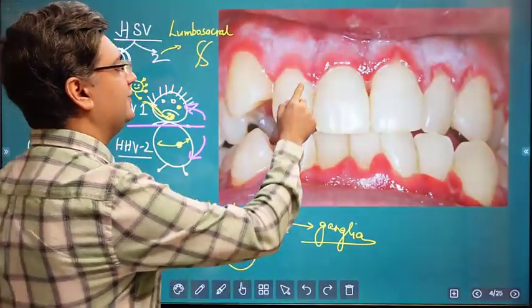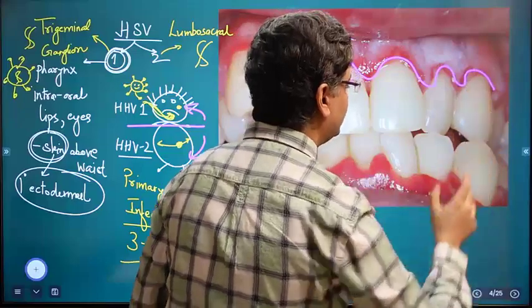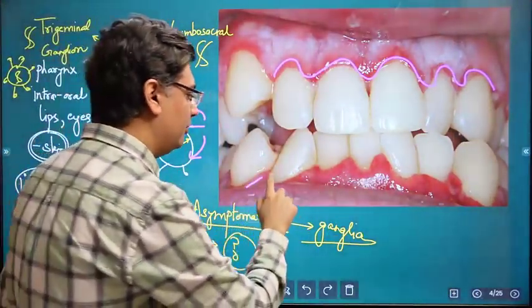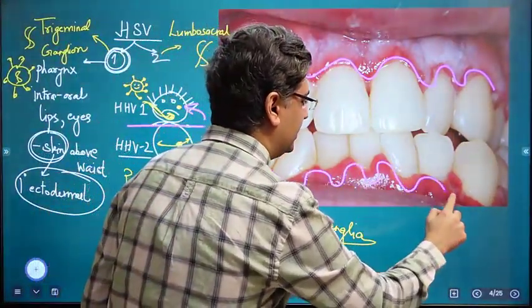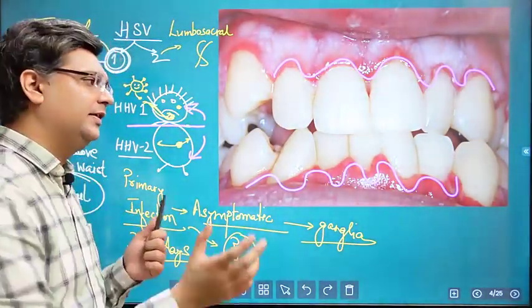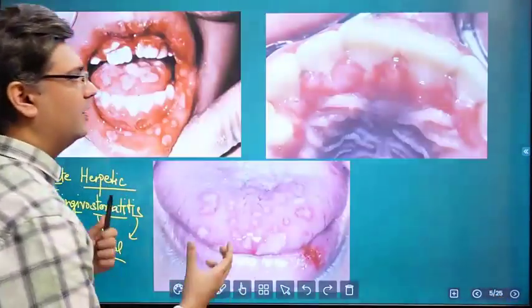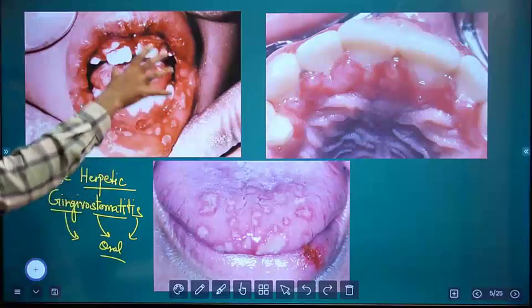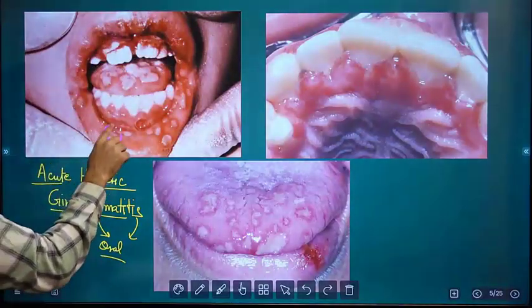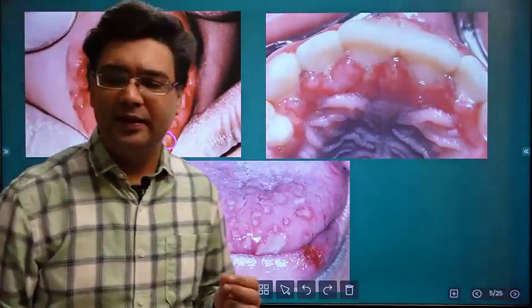We have this inflammation. You can see this inflammation around the gingiva, and you can see that this virus is also affecting the attached areas or the attached mucosa of the oral cavity, and the gingiva is a part of the attached mucosa. So we have gingivo and stomatitis. You can see this inflammation, you can see these vesicles which are generally formed here with the disease.